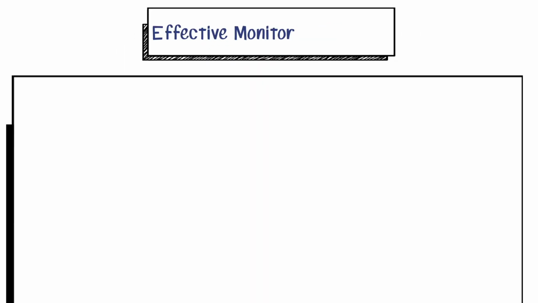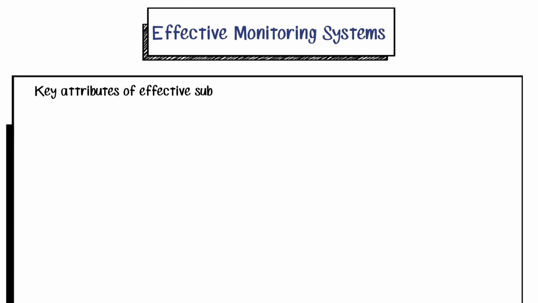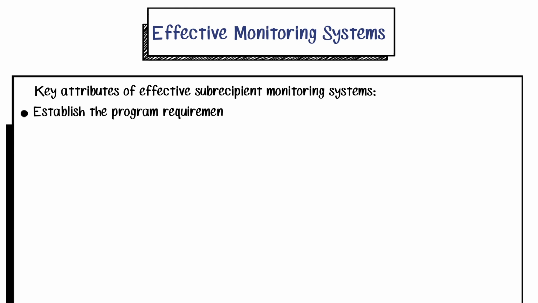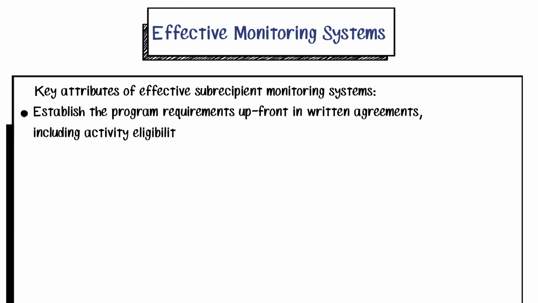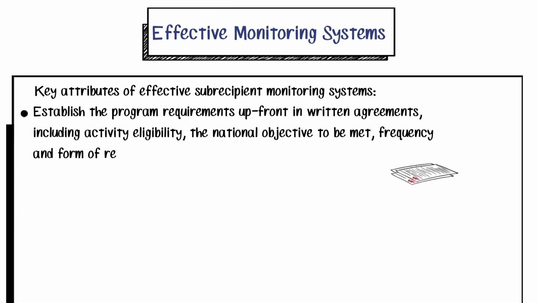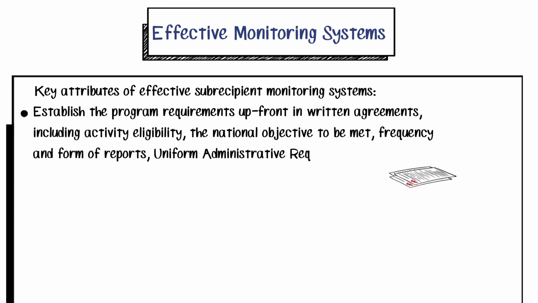As we learned in the live training video, CDBG entitlement grantees and states are required to monitor subrecipients or units of general local government. Some of the key attributes of effective subrecipient monitoring systems include establishing the program requirements and written agreements that explain the CDBG eligible activity, the national objective, who will benefit from the activity, the frequency and form of progress reports, documentation standards, and other federal requirements.